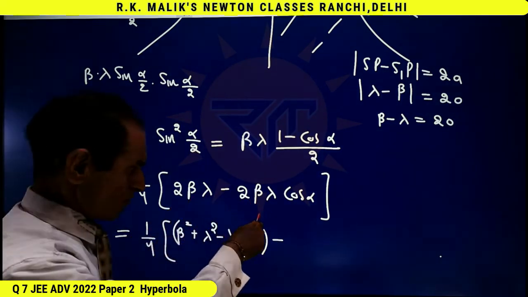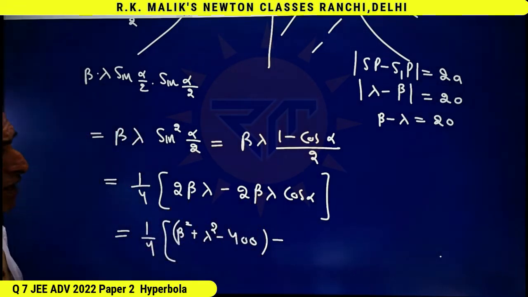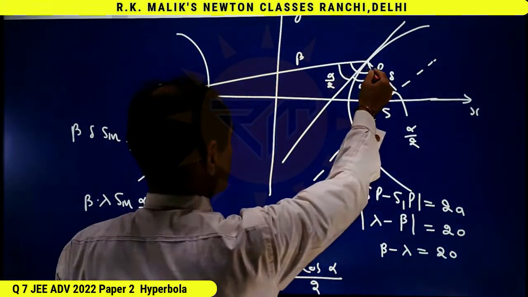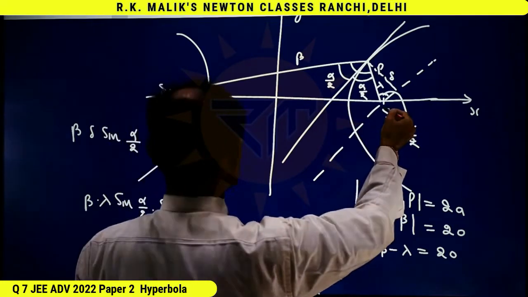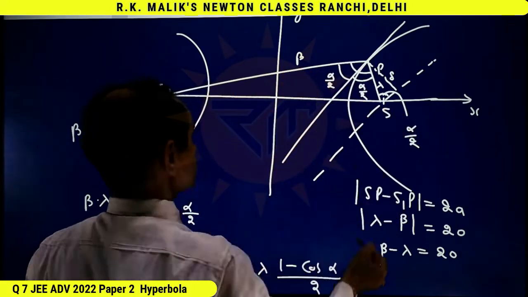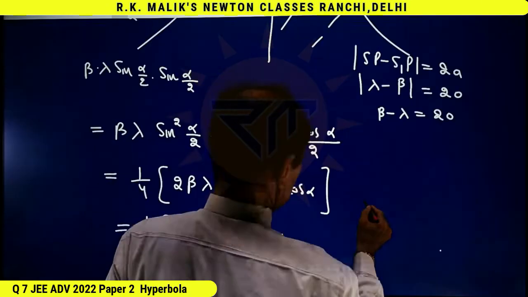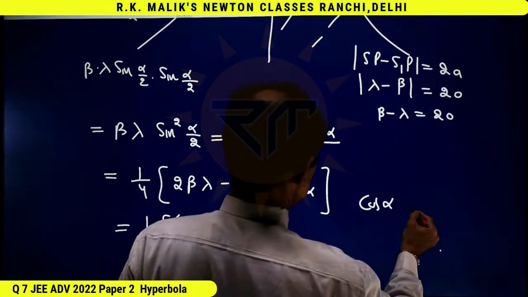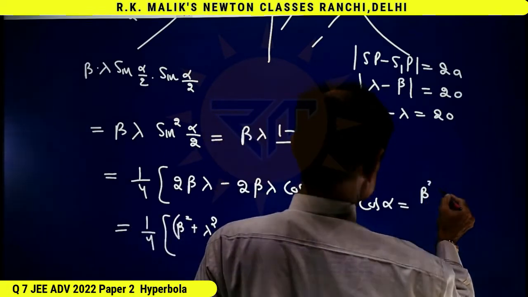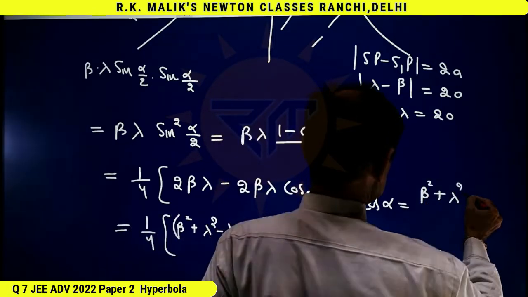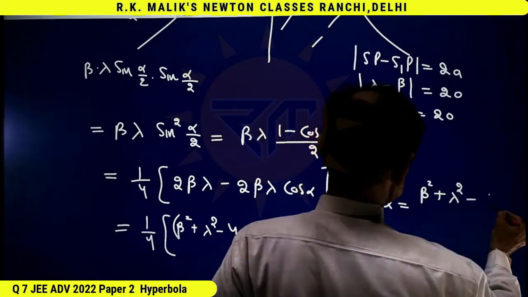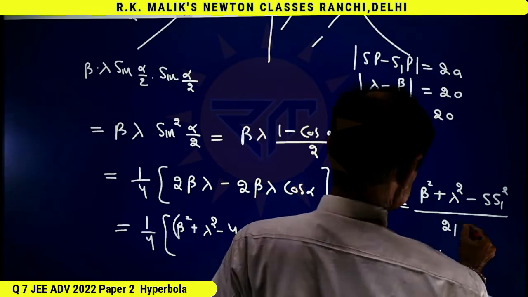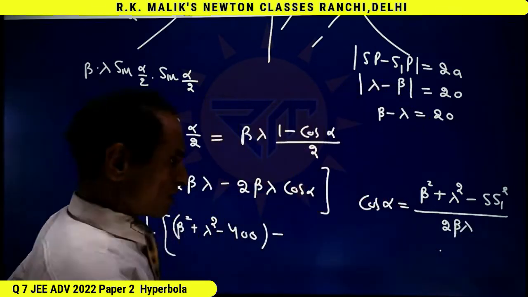And similarly, this can also be calculated very easily, because this angle is alpha. In this triangle SPS1, if I use the cosine formula, I'll be getting cos alpha as beta square plus lambda square minus S1S square by 2 beta lambda.